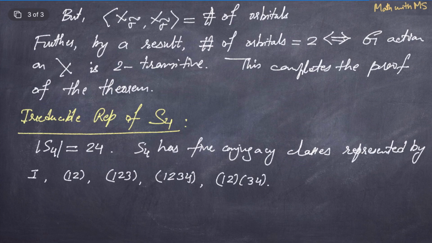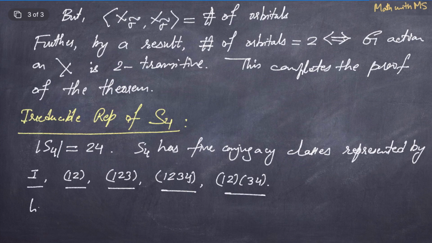That's all. So there are precisely 5 conjugacy classes in S4. Therefore by theory we know that there need to be 5 equivalence classes of irreducible representations, and there are 2 very natural representations here.